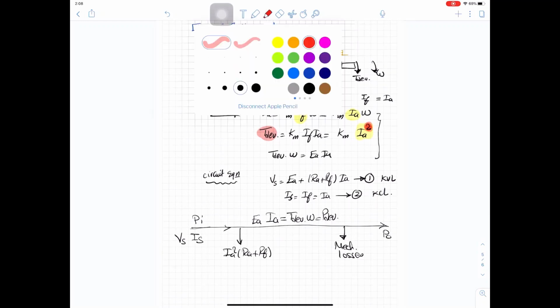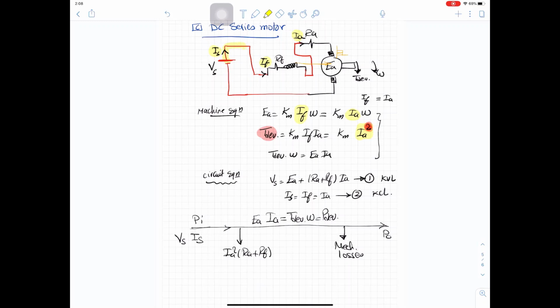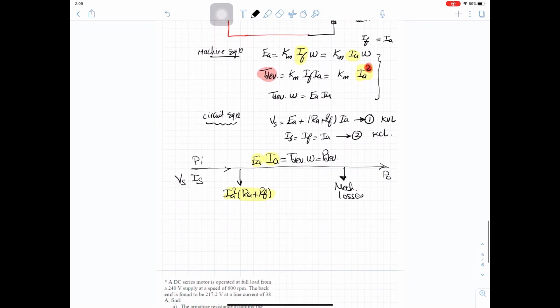So the power goes from V source I source, then we lose power in RF and power in RA, which is IA square RA plus RF. The remaining power is the power going into EA, so this power is EA IA. Then we lose some mechanical losses in the shaft, and after we subtract the mechanical losses, we have our net output power going to the mechanical load.